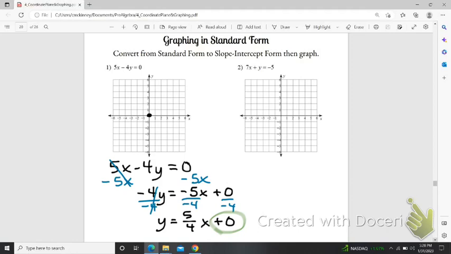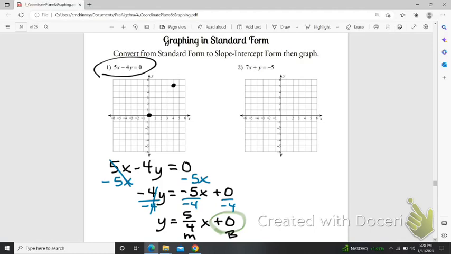Remember that this now is our slope, and this is our b. The slope is not obvious to us when we're looking at it in standard form. That's why we're moving it around to put it in slope-intercept form. Then I can see I begin at b, and then I move with my slope. I'm going to go up 5, and then over to the right 4.